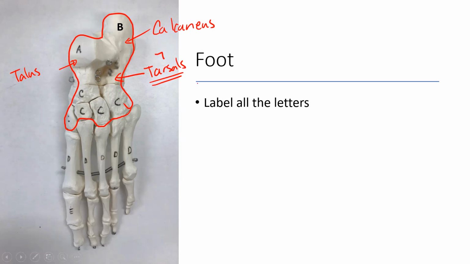Just like in the hand we have the carpals, but there were 8 carpals. Now we only have 7 tarsals. These are the metatarsals. And again, phalanges.